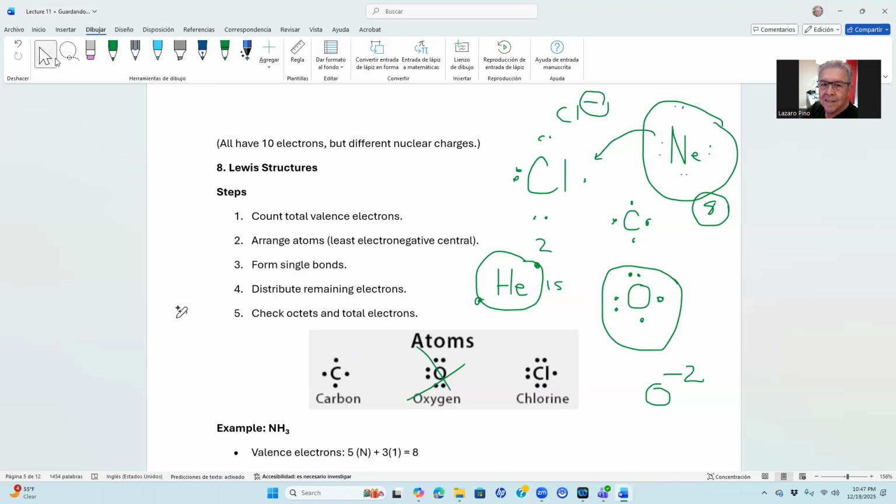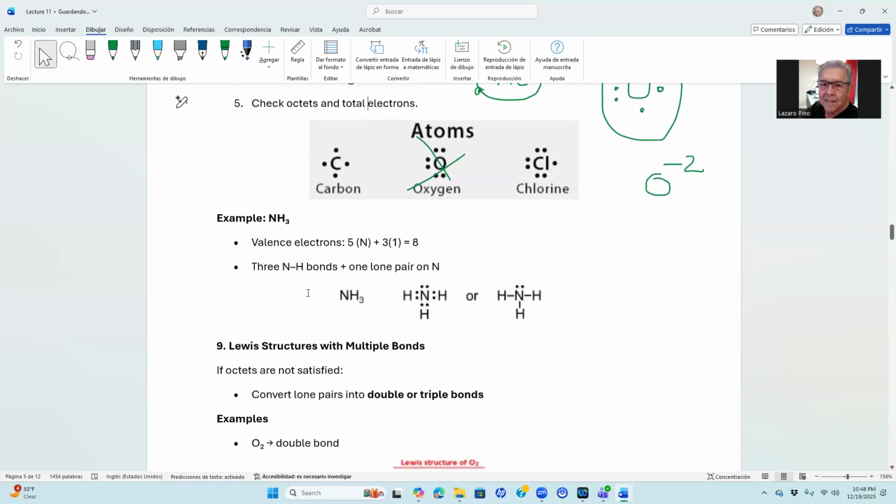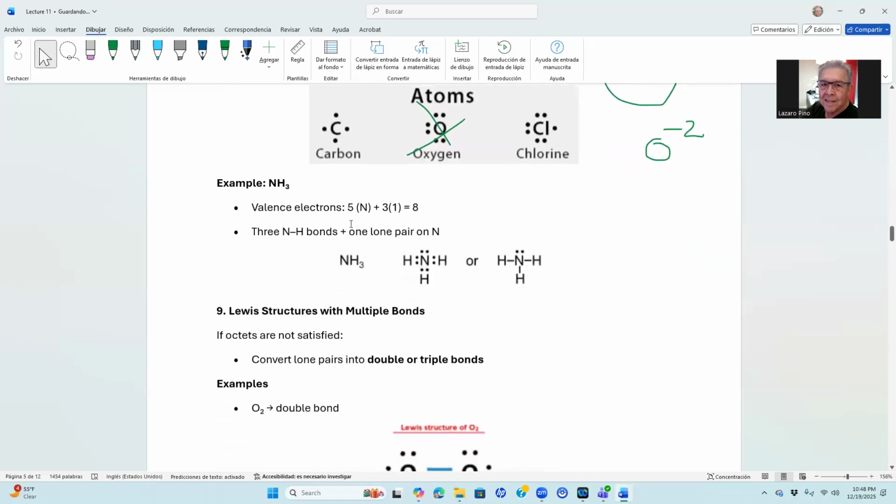Let's continue. For example, here we have ammonia. Look at this. This is the formula for ammonia, but we know that nitrogen has 5 valence electrons. This is nitrogen, 1, 2, 3, 4, 5.